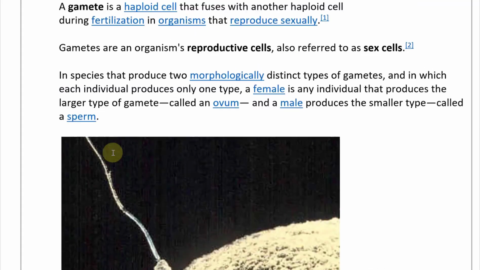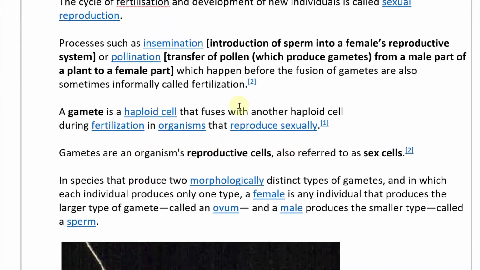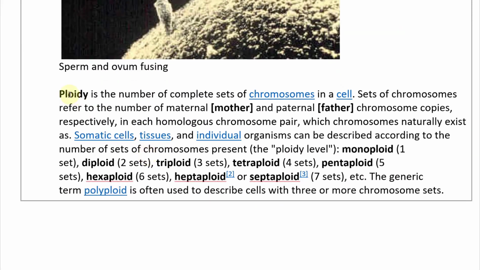Now, going over haploid, first we have to discuss ploidy. Ploidy is the number of complete sets of chromosomes in a cell, and sets of chromosomes refer to the number of maternal, or mother, and paternal, which is the father, chromosome copies, respectively, in each homologous chromosome pair, which organisms naturally exist as.